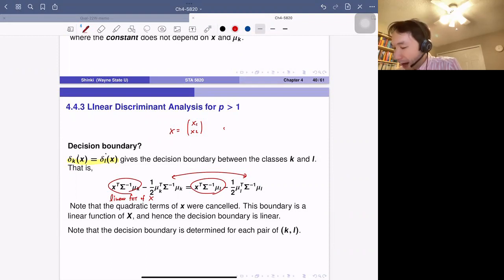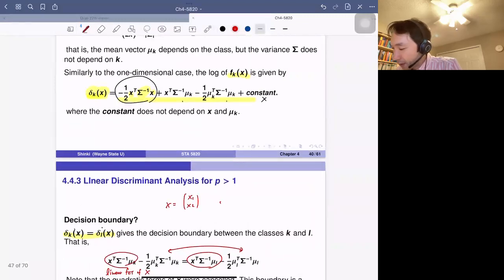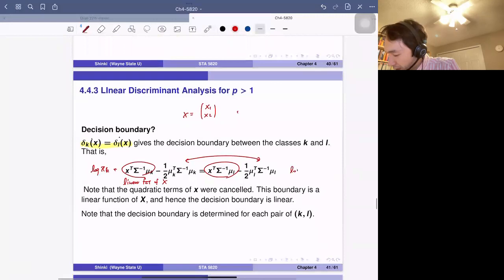And if we have pi1 and pi2, we have some constant terms, but that does not really affect the shape of the curve. So we have log of pi k and log of pi l here, but anyways, these are constant.